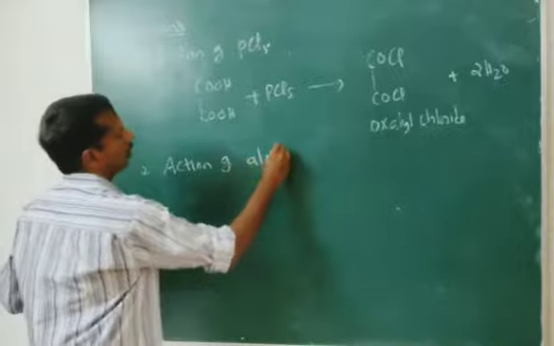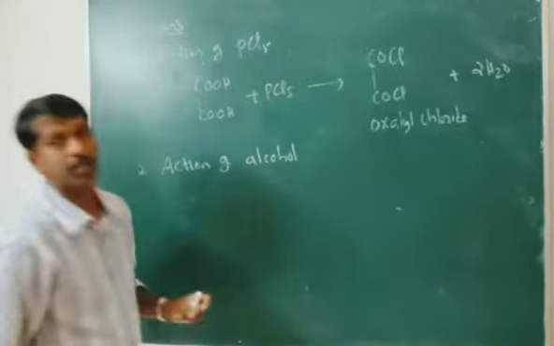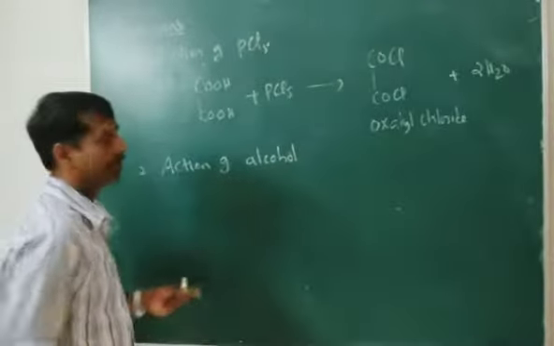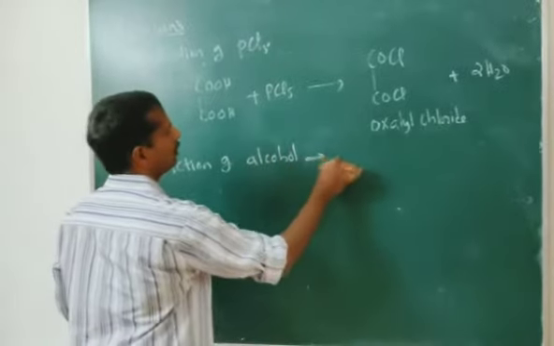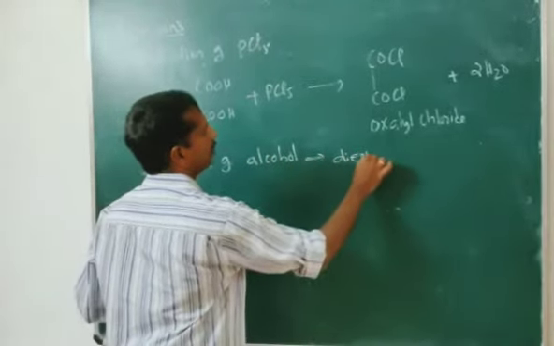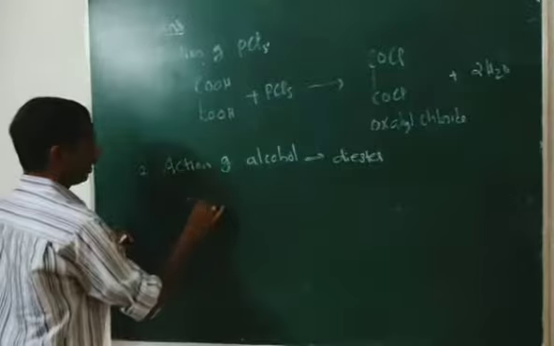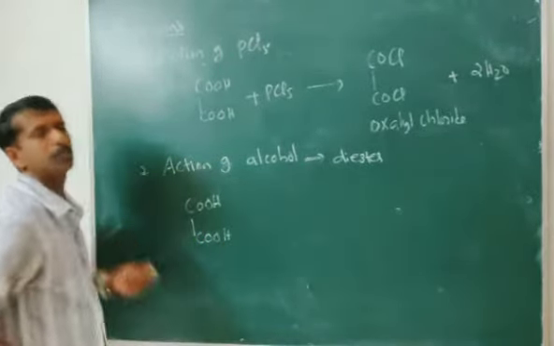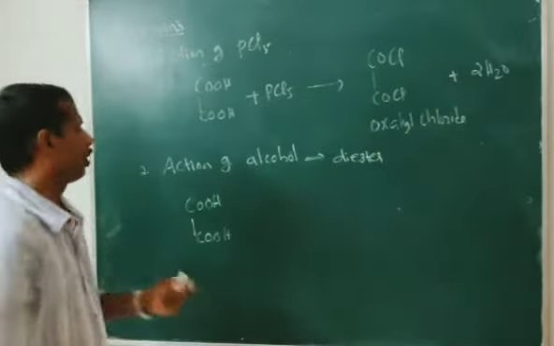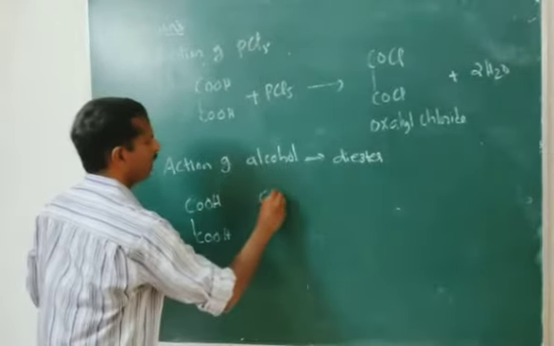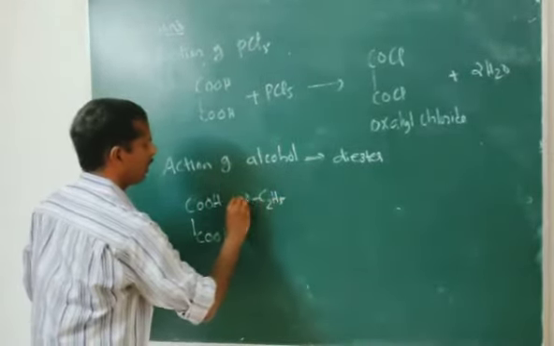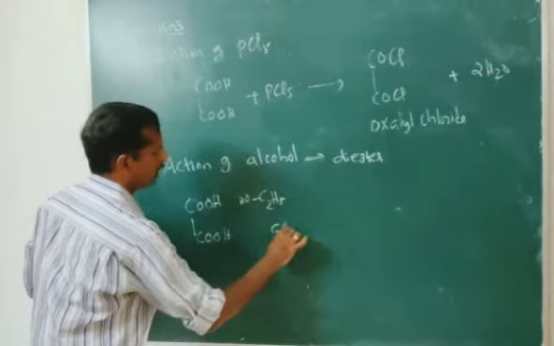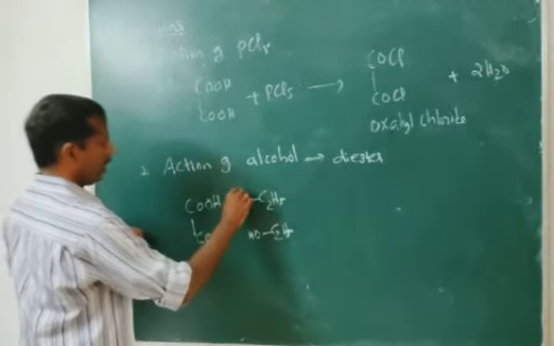Second one, action of alcohol. We get a diester. Look here: oxalic acid reacts with, suppose we take ethanol, C2H5OH, another molecule C2H5OH.